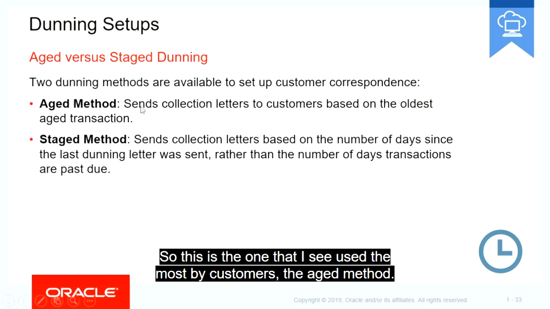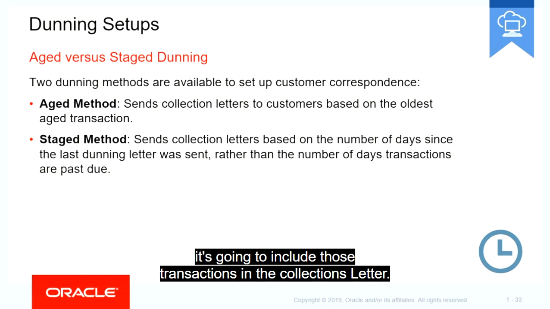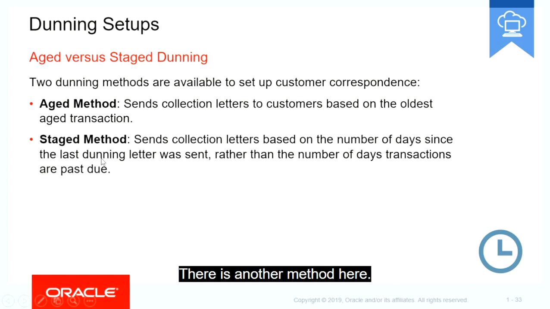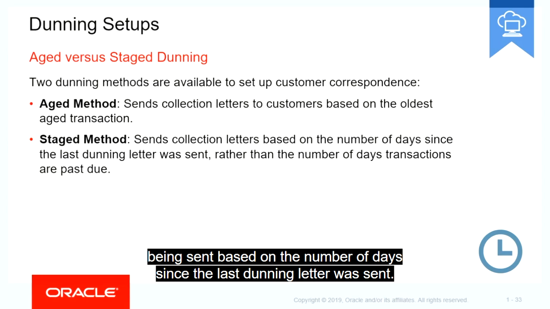So this is the one that I see used the most by customers, the aged method. It's always looking for that oldest aged transaction, and based on that, it's going to include those transactions in the collections letter. There is another dunning method, called the staged method, and this method is based on collections letters being sent based on the number of days since the last dunning letter was sent.